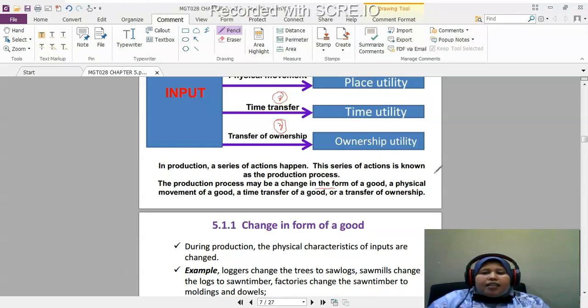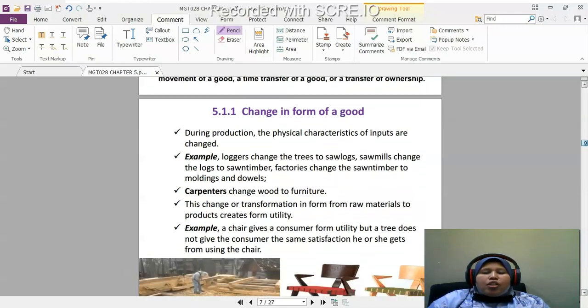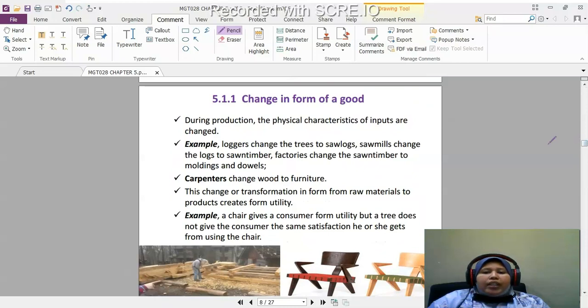So let's look at the first thing, that is change in form of a good. During the production, the physical characteristics of input are changed. For example, loggers change the tree to logs, sawmills change the logs to sawn timber, factories change the sawn timber to moldings and doors.